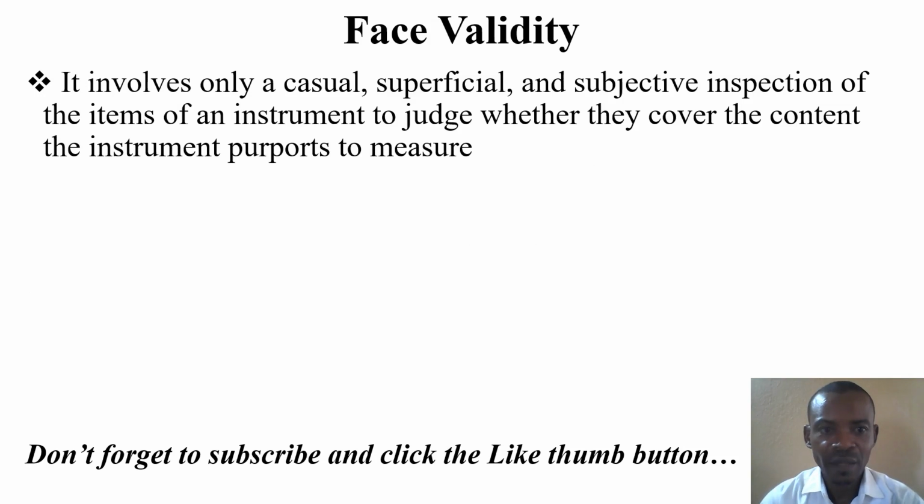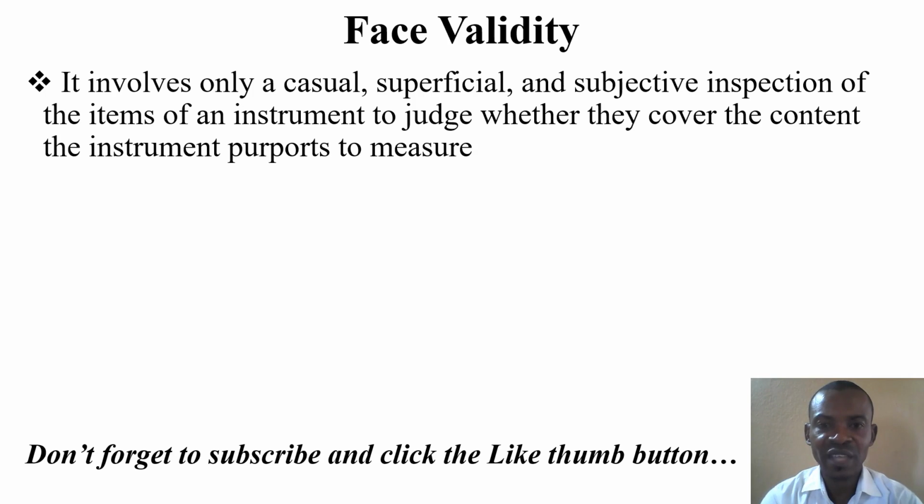Now let's look at the meaning of face validity. Face validity involves only a casual, superficial, and subjective inspection of the items of an instrument to judge whether those items of the instrument cover the content the instrument purports to measure.